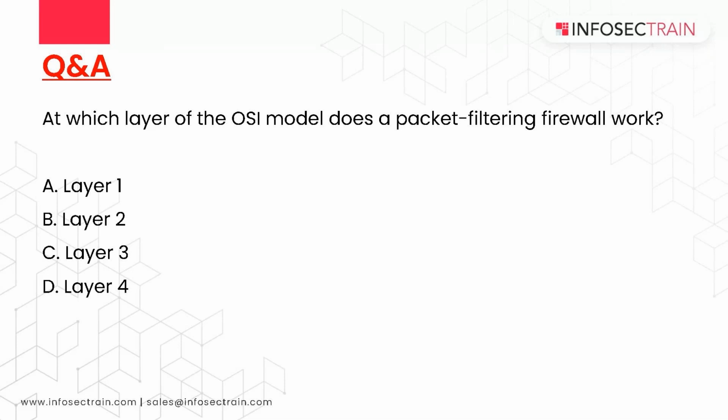At which layer of the OSI model does a packet filtering firewall work? Okay, guys, a packet filtering firewall is a very simple firewall which works on the basis of the IP and the port number.